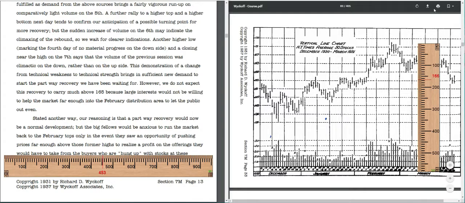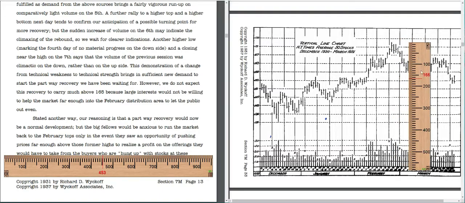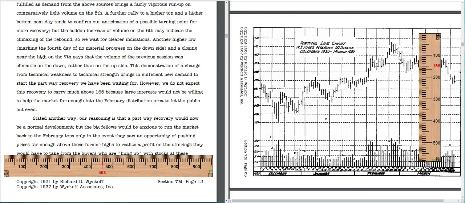So if you have a climax and you have a pullback after it, chances are the retracement, the pullback, what am I saying? If you have a climax and then you have a rally down, the pullback after that rally, right here, will not go to the climax.